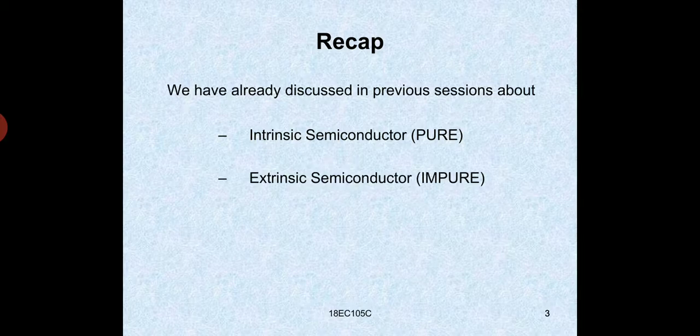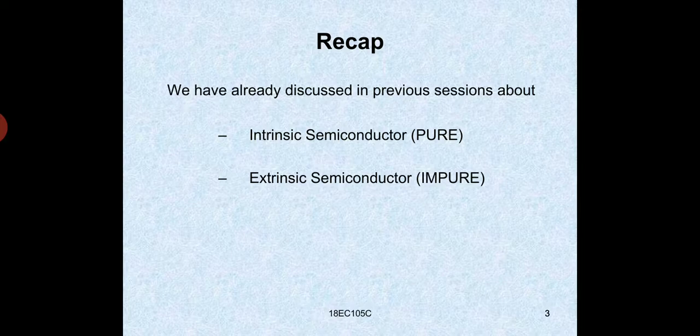Now let us recap what we have discussed so far in the previous sessions. We have seen the intrinsic semiconductor, which is normally known as a pure semiconductor. Then we have also seen the extrinsic semiconductor, that is usually known as an impure semiconductor.